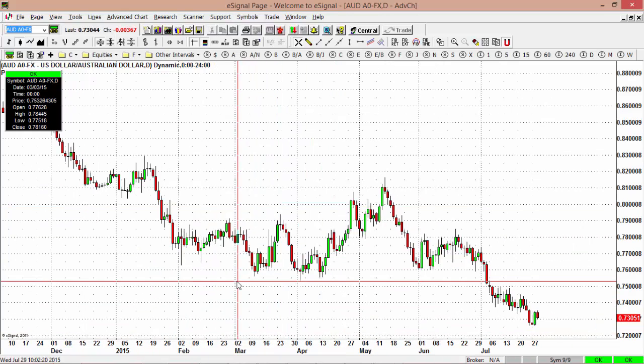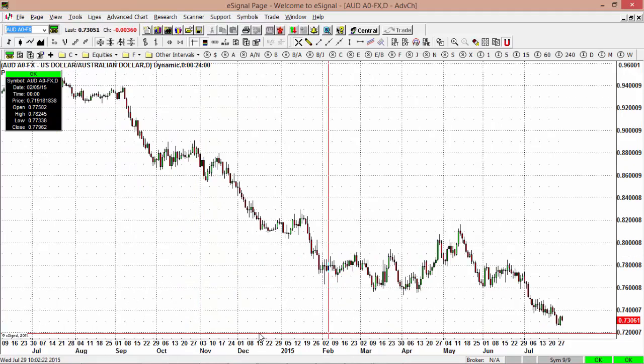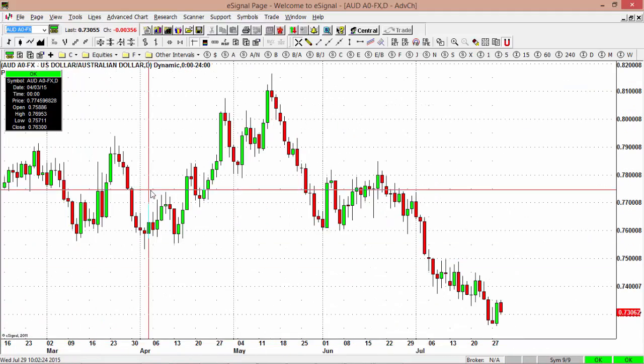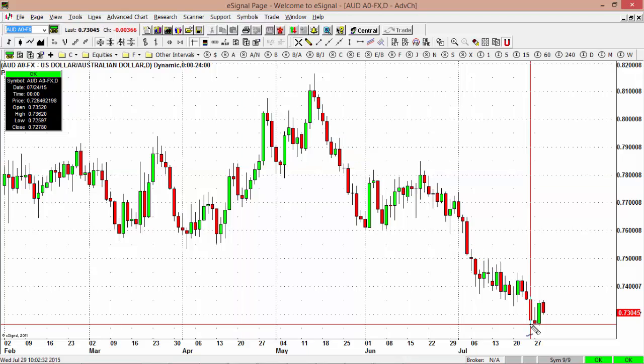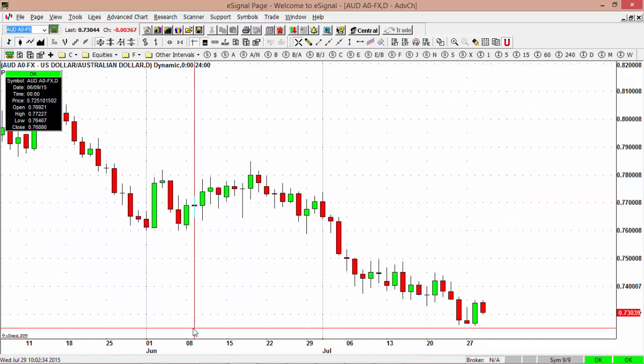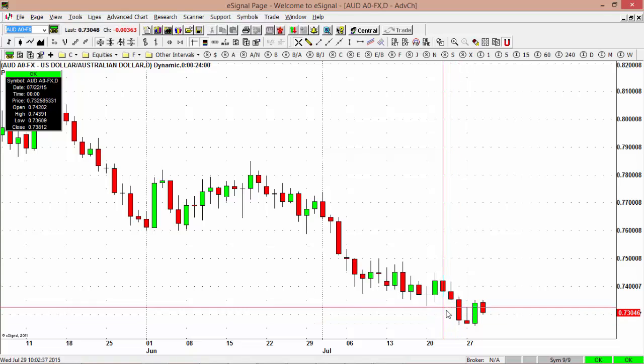Okay, in front of us, we have a chart of the US dollar versus the Australian dollar, and we have a pretty nice downtrend going on. But we did have a recovery candle that was made yesterday.